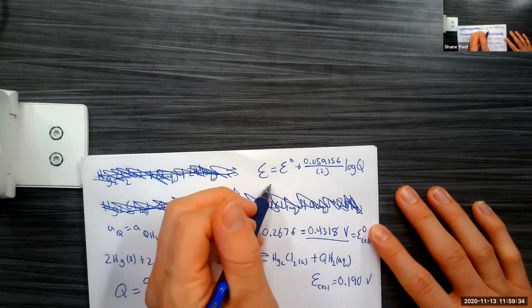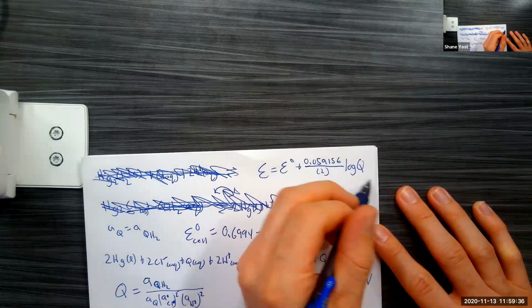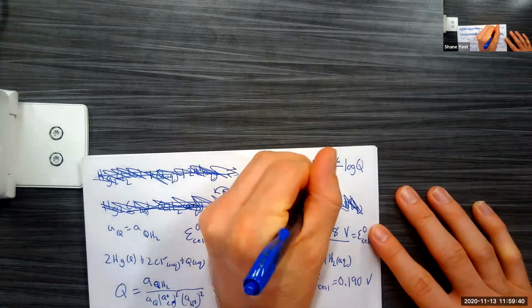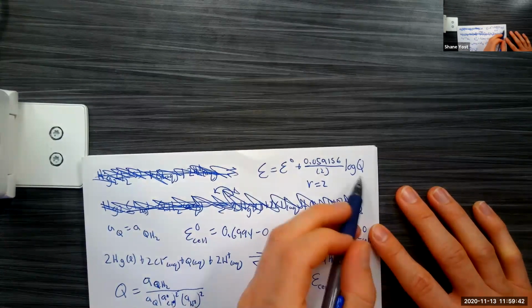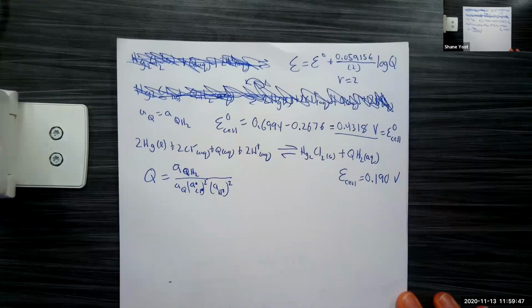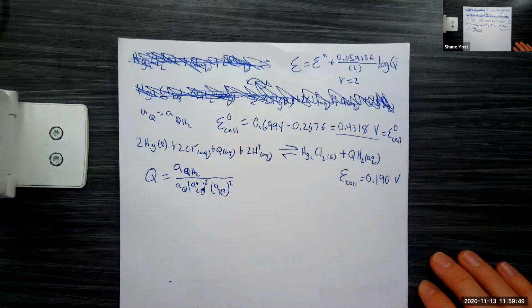We're given the cell potential. We're going to need to find Q, using the fact that n equals 2, to solve for what we need, the pH of the solution. And to do that, we need to write the overall balanced redox reaction.